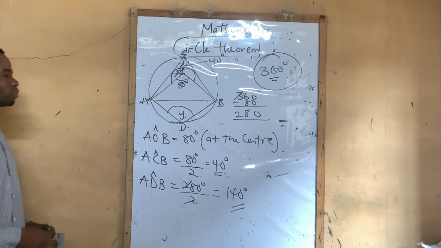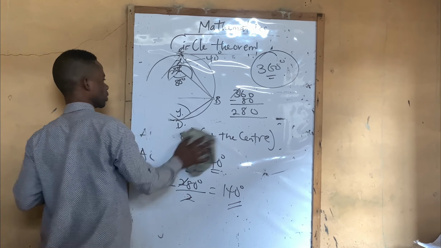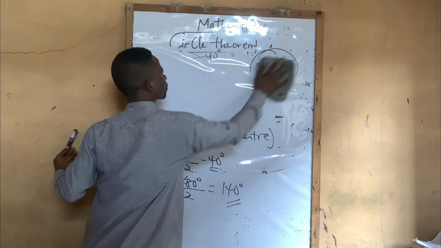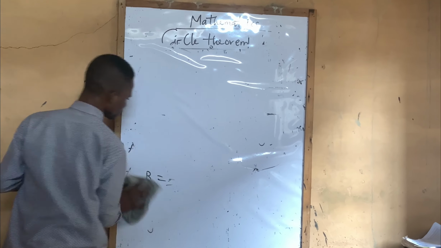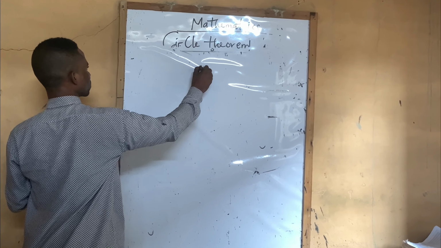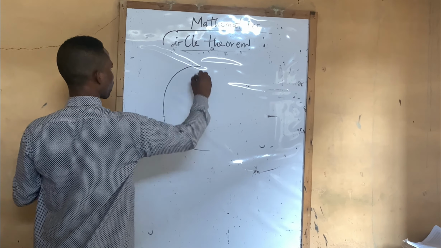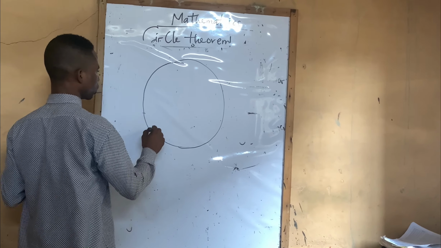That's for number 1. Now, it can also come in this sense. If it comes in this sense, we are still on theorem 1. I think they just draw it like this for us.